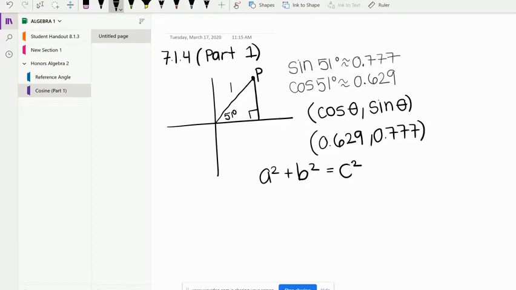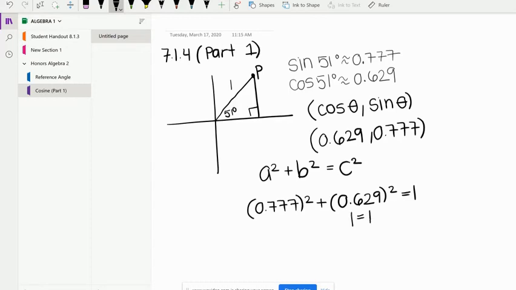So what we could do is say 0.777 squared plus 0.629 squared. That should all be equal to 1. And so we can test that in our calculator, and it should be around 1 equals 1.